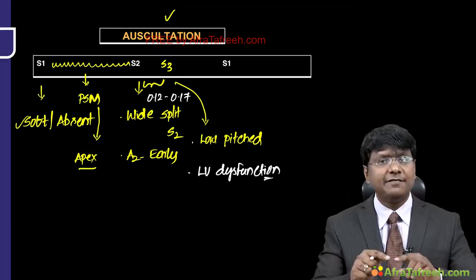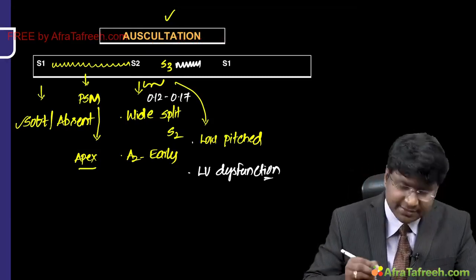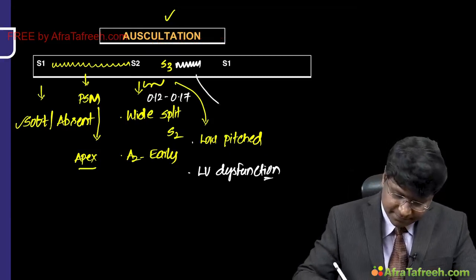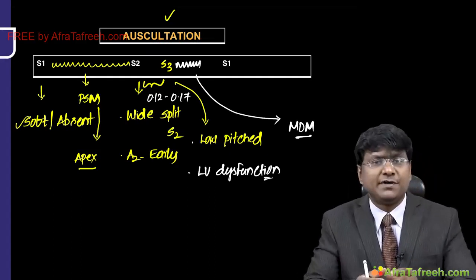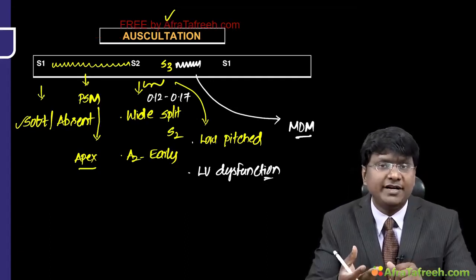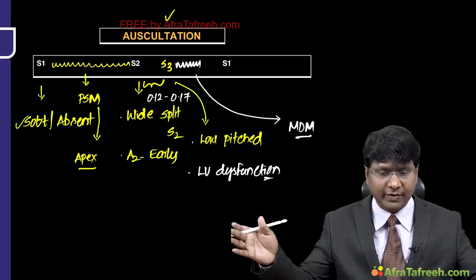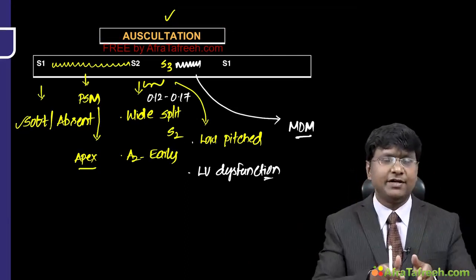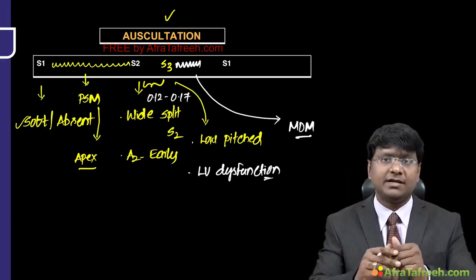Now, after this S3, the other point is you will listen to a mid-diastolic murmur. What is the cause for the mid-diastolic murmur? Just now I have explained to you that the amount of blood in the left atrium in case of MR is more than normal. So when the left atrium is sending the blood into the left ventricle, a large volume of blood is passing through the normal mitral valve annulus.